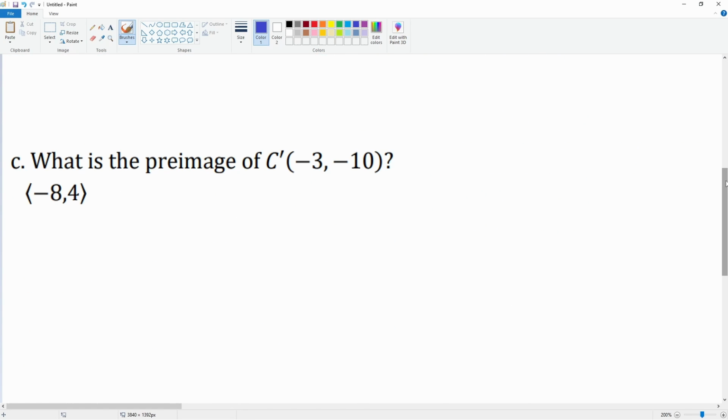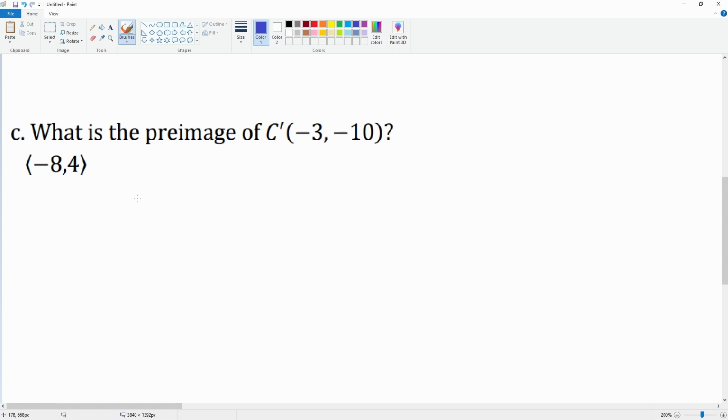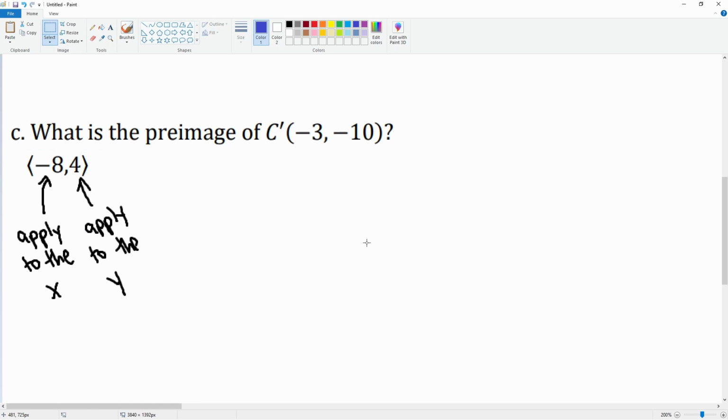So this time it's asking for the pre-image. It's the same thing, but this time we got C prime, which is -3, -10. There was some stuff happening, so it's basically going backwards.